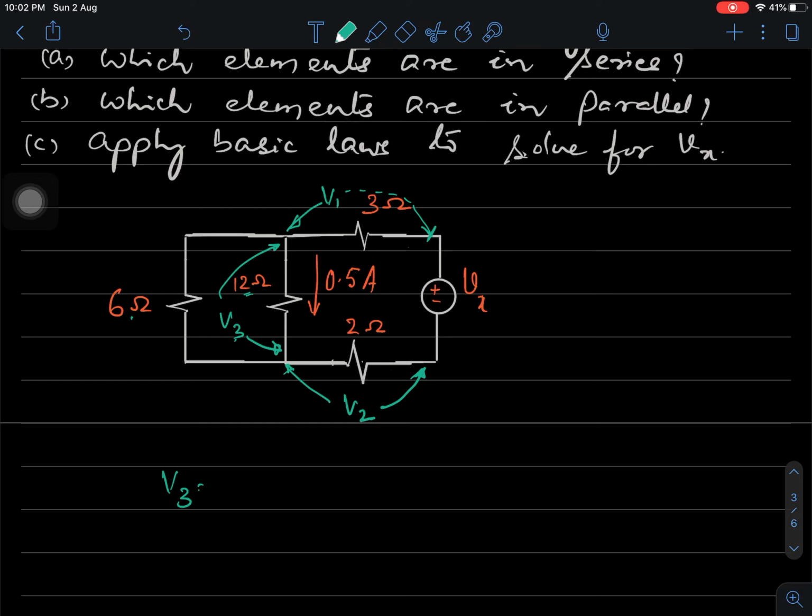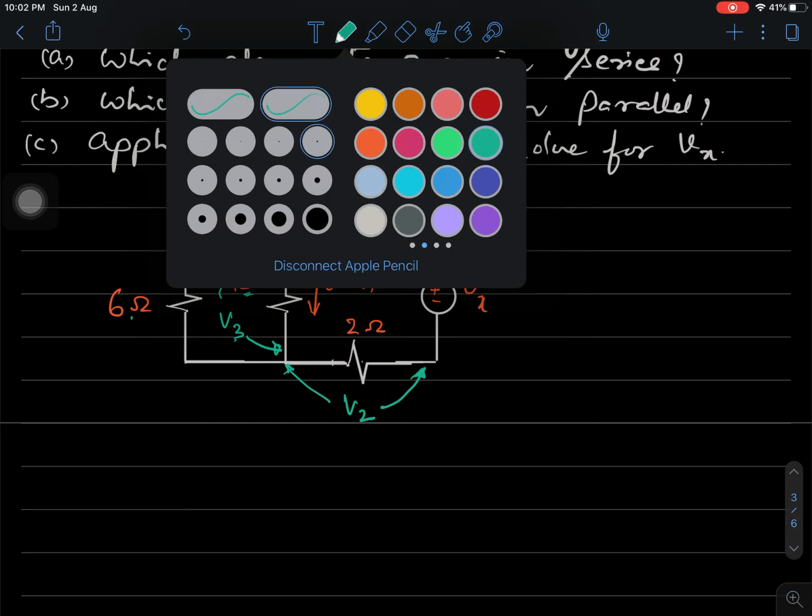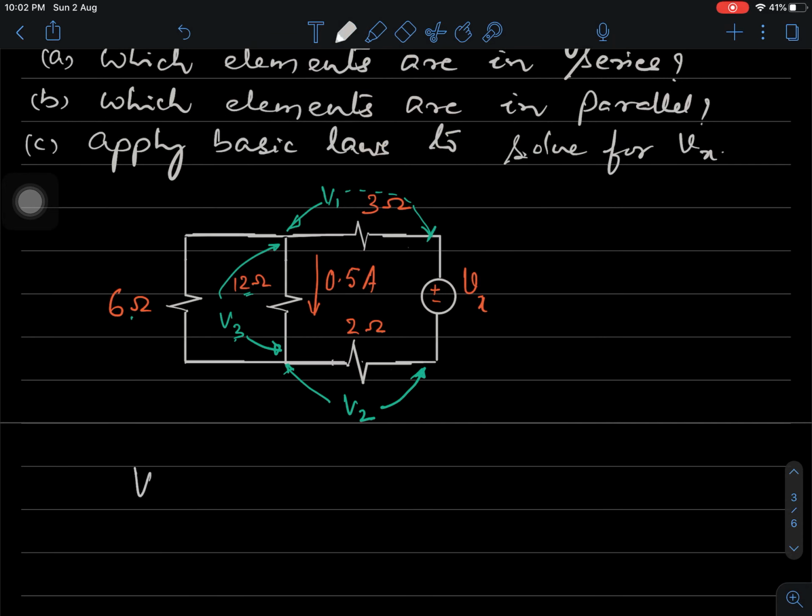V3 is equal to the 12 ohm voltage, V equals I into R. This is 6 volts. It's as simple as that.